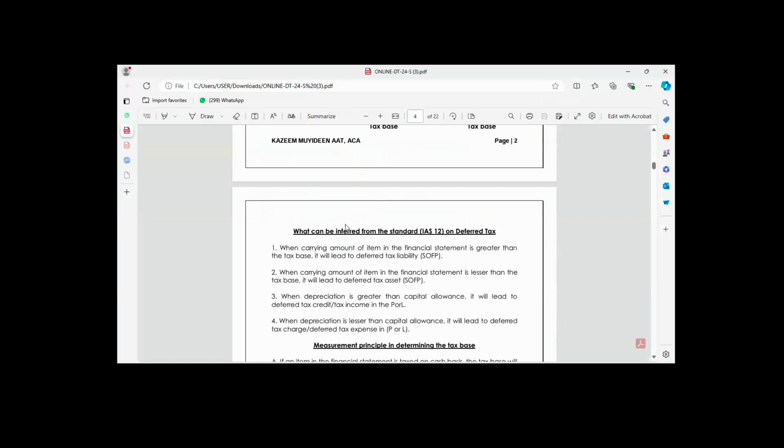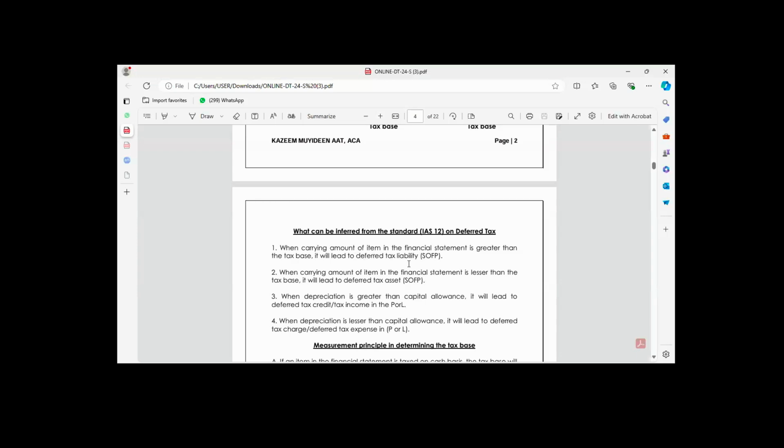When the carrying amount of an item in the financial statement, carrying amount, and don't forget who makes use of the language carrying amount: accountants. What we have in the book of accountants is more than what we have in the book of the tax people. It will lead to what? Deferred tax liability, at where?